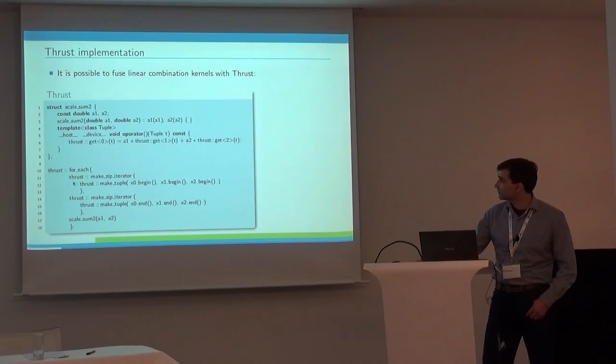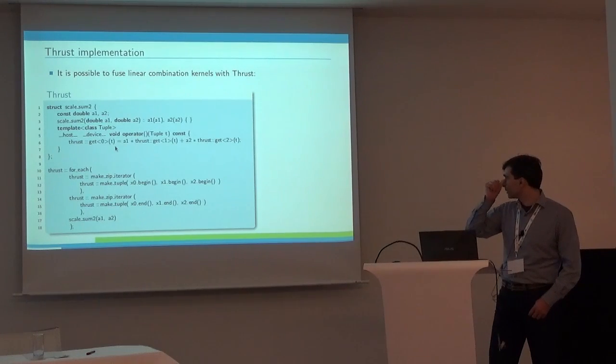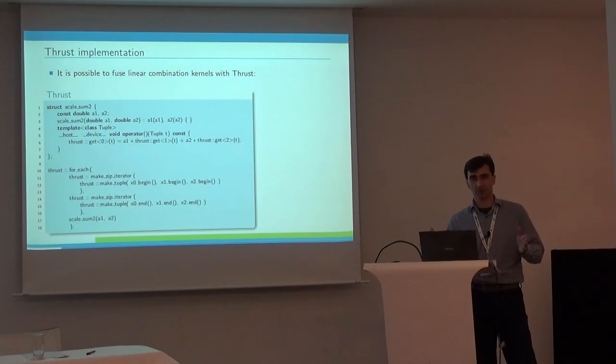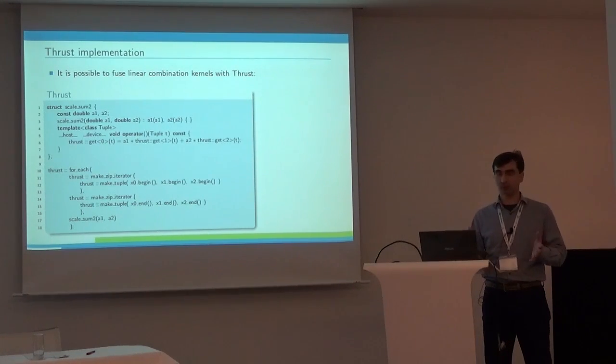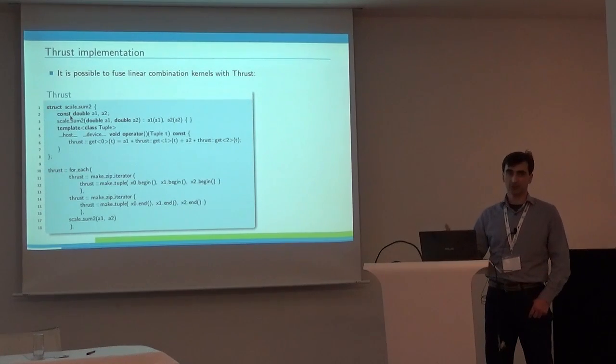You just create a device functor, which takes 2 arguments and returns these linear combinations of the arguments. And for each of the linear combinations, so if you have a linear combination of 2 elements, you have this scale sum 2 device functor.